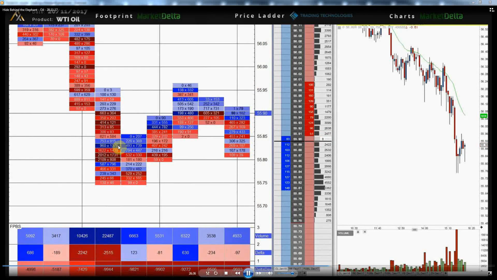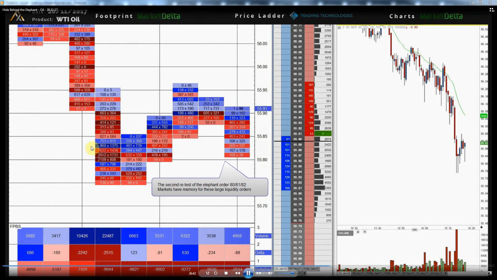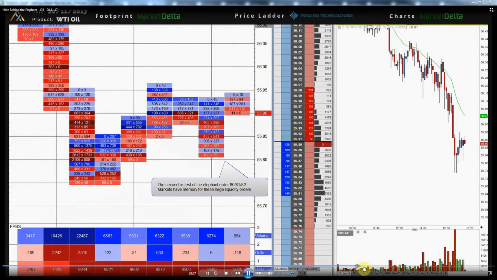What I'm trying to point out here is the concept that markets have got memory. They don't forget these very key price points easily, so do factor that in. Markets can hold those price points time and time again. The market then rotates higher, and we continue to move up the page towards that imbalance.